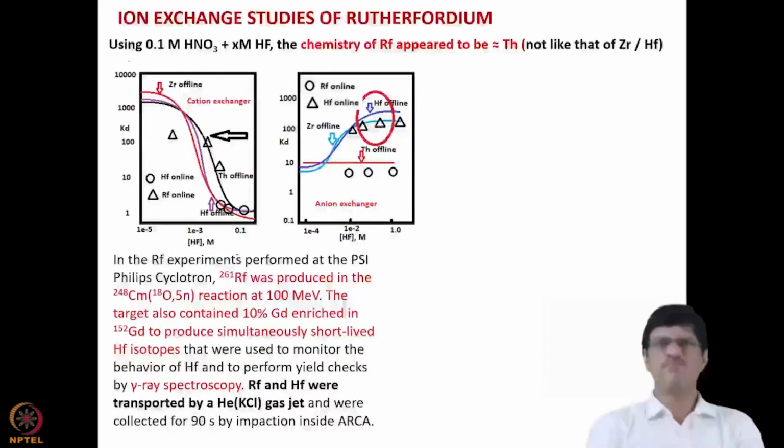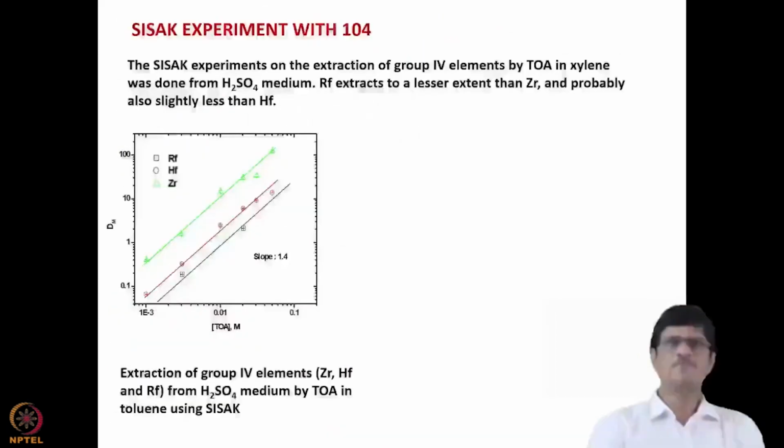That means thorium is not forming a fluoride complex, and surprisingly, rutherfordium also gave data matching the thorium data points. So in the cation exchange as well as the anion exchange experiments with rutherfordium, zirconium, hafnium and thorium, the conclusion was that rutherfordium and thorium data points were matching in both types of regime.